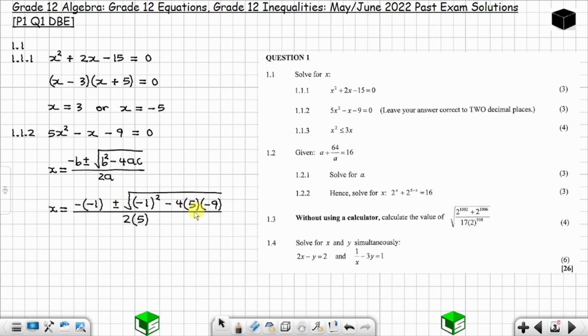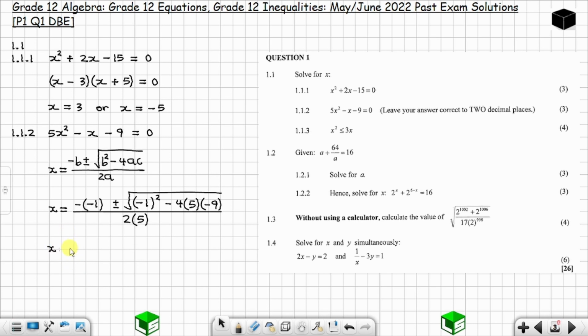You can see b is negative 1, and you have b squared, negative 1 squared, minus 4ac, where a is 5 and c is negative 9, over 2a, which is 2 times 5. So you have a, b, and c, and you carry on.